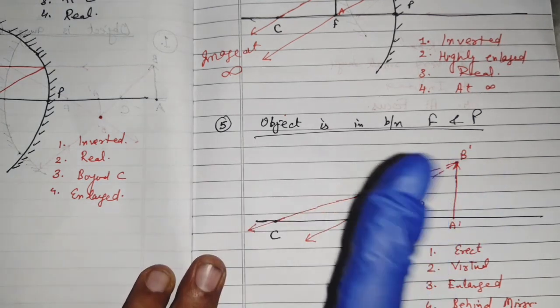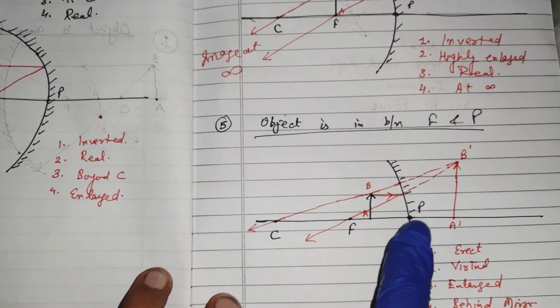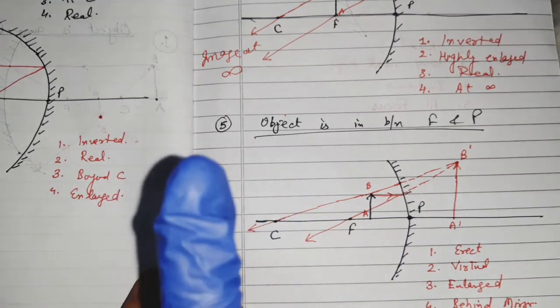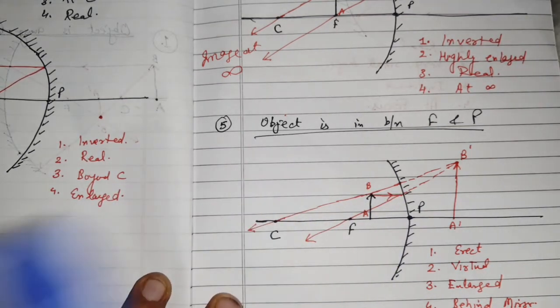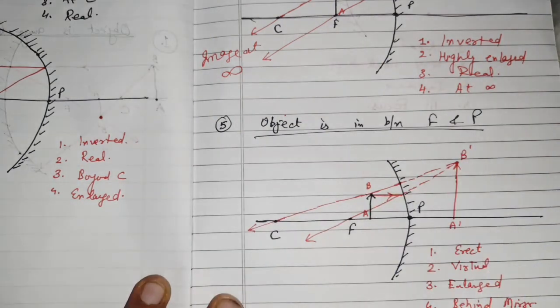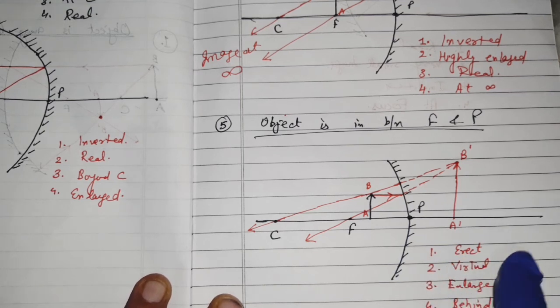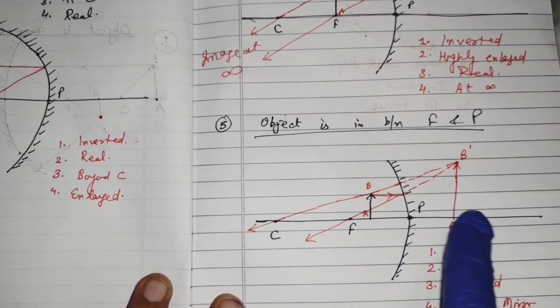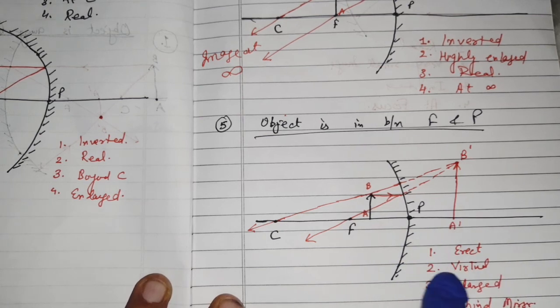So one thing, when the object is between F and P, the image is virtual. Number 2, a virtual image is always erect. So in all the 6 cases, only in one case is an erect and virtual image formed. It will help you in solving your multiple choice questions.